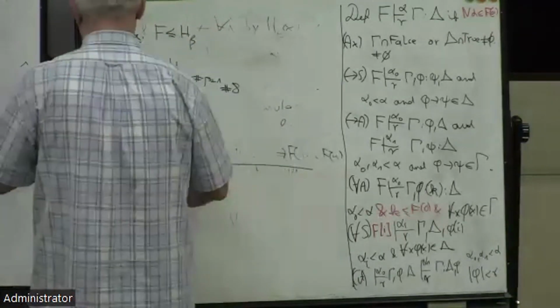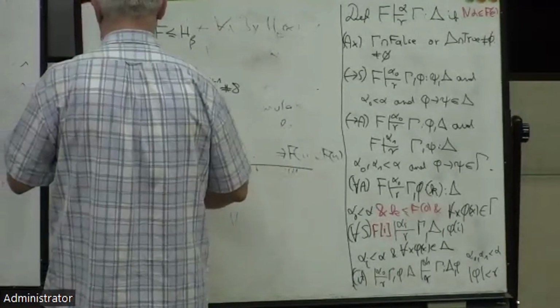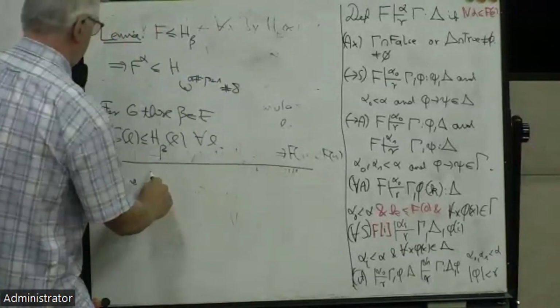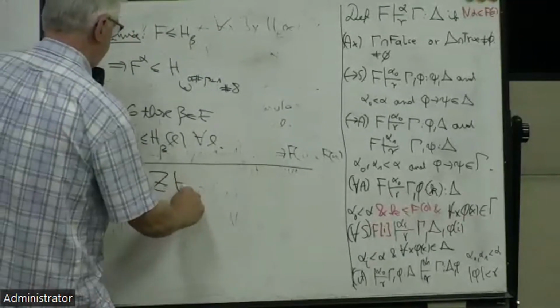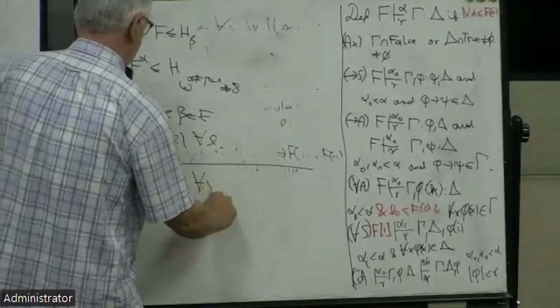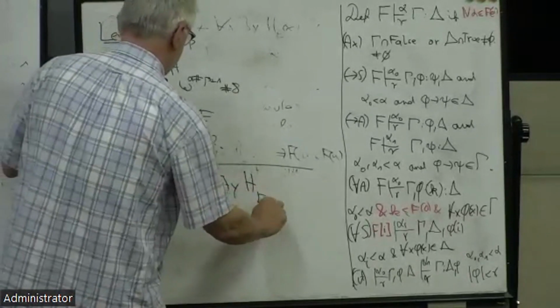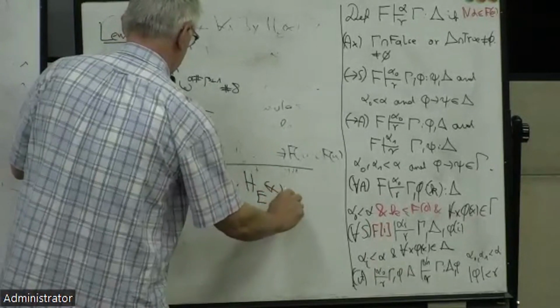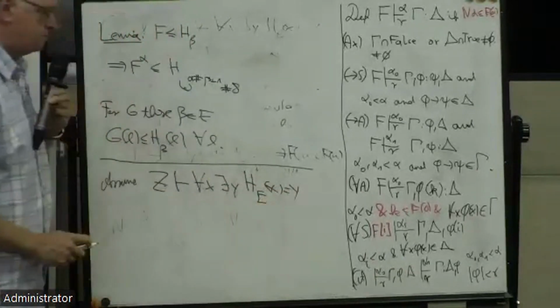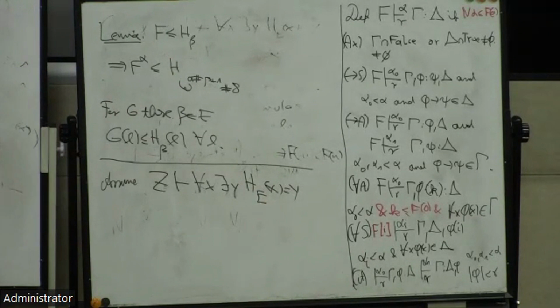Now finally, assume Z proves for all x there is a y, H E of x is equal to y. We want to prove that this is impossible.